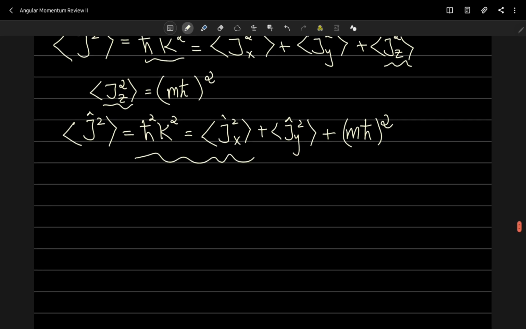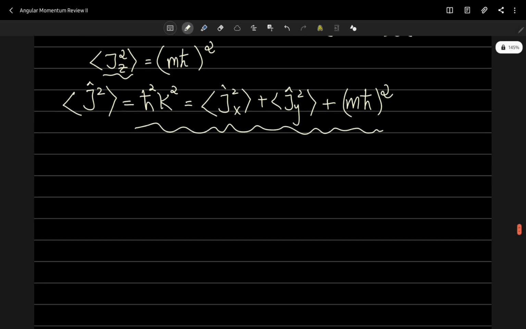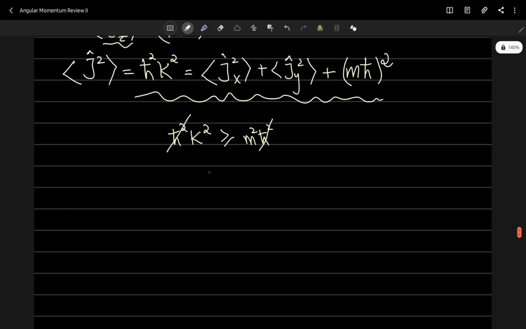If you examine this equation, if you stop and think about it, it tells you that h bar squared k squared should be greater than or equal to m h bar whole squared. You can just divide both sides by h bar squared, and this implies that your wave vector squared, k squared, should be greater than or equal to m squared.